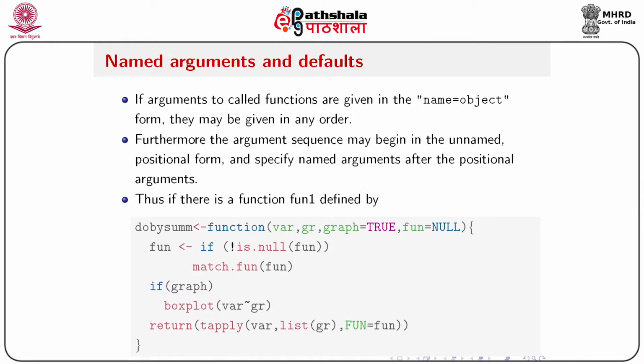If graph is TRUE, then do the box plot and return the functional value that you are looking for, the doBy either mean or whatever you write. It could be your own defined function too.